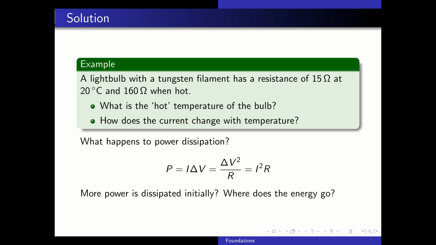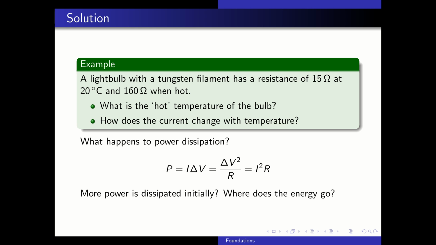Now, interestingly enough, a funny thing happens over the lifetime of an incandescent bulb. That incandescent bulb will slowly boil away the filament. Basically, little bits of that filament will evaporate away. What happens to the filament? Well, the filament doesn't change much in length, but the cross-sectional area decreases. What does that do to the resistance?